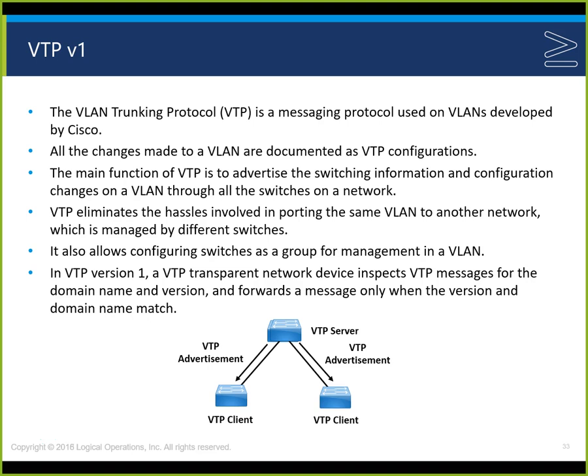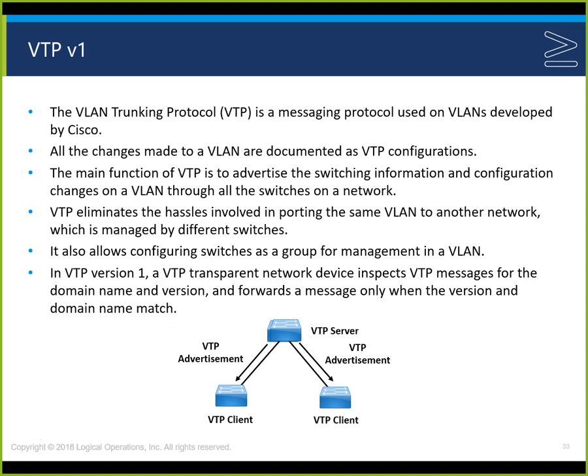The main function is to advertise the switching information and configuration changes. It eliminates the hassles involved in porting the same VLAN to another network which is managed by different switches. So we can send the VLANs to all of the switches that are in that particular domain and manage them as a group. A VTP transparent network device inspects the messages for domain name and version.